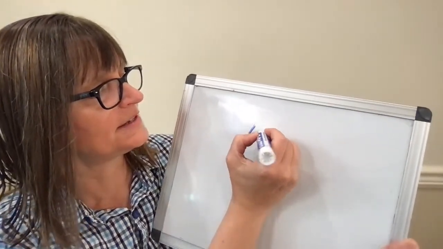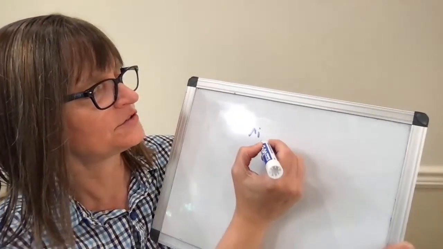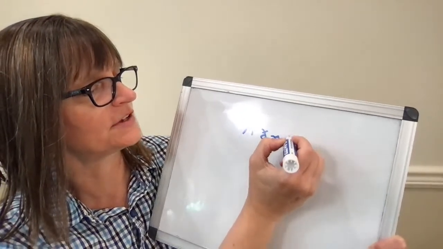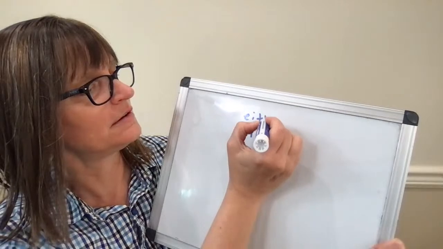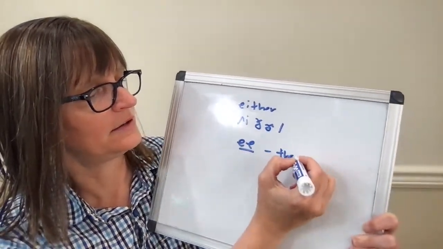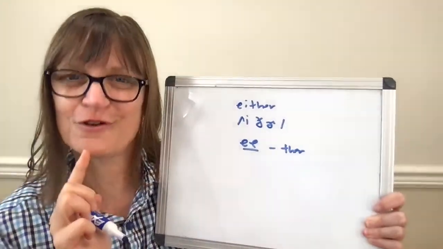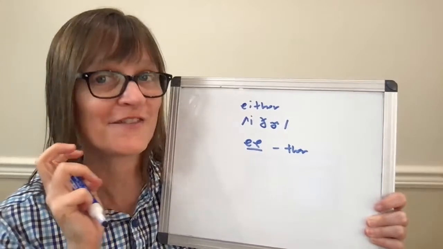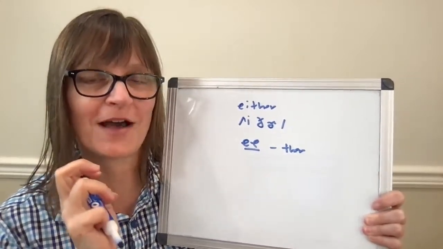What you want is the E sound is stressed, and then you have a voiced TH sound and an unstressed R sound. So for either, thinking about like either, the R part is the challenge here. So building from the back may help you. You need to have that tight, strong back R sound.